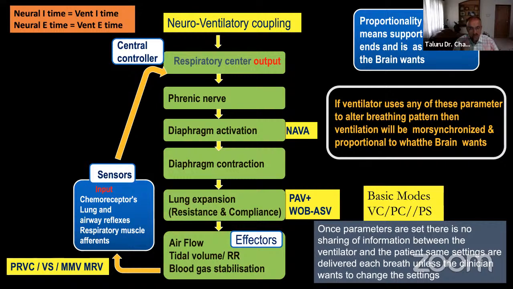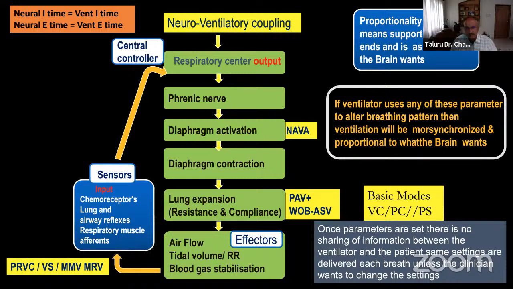So whenever a patient tries to fight or is not syncing to your ventilator, you should think, what I have said is not what the brain wants. So then you have to work around it. So this is something you have to remember. What you set, you just cannot say that I have set a good inspiratory time, good expiratory time, because we don't have any means to analyze, understand, or estimate the neural inspiratory and neural expiratory time.